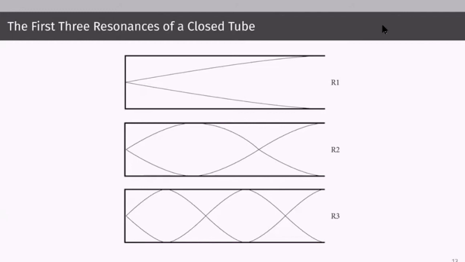The end at which it's closed is where your glottis, your larynx, is, and the end which is open is your lips, assuming that you have your lips open at the time. And a tube closed at one end like that has an infinite number of resonances. And this is what the first three of them look like.